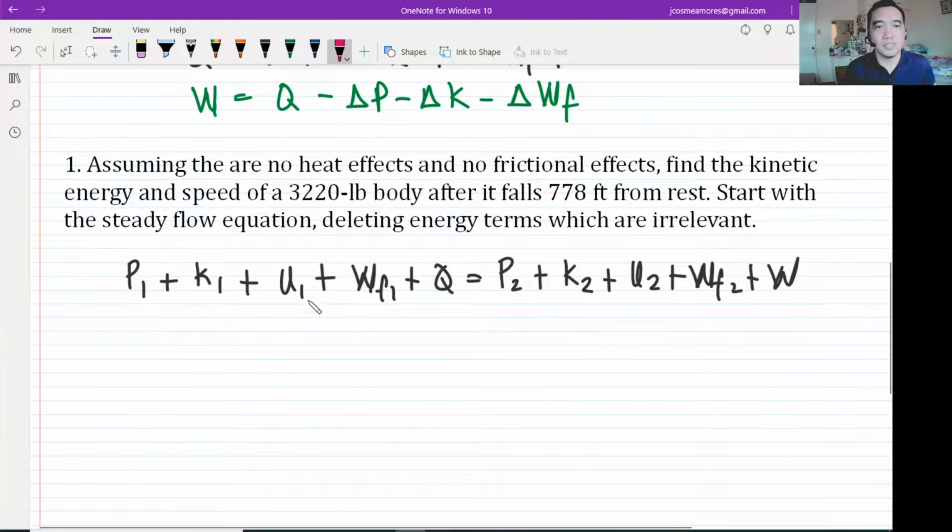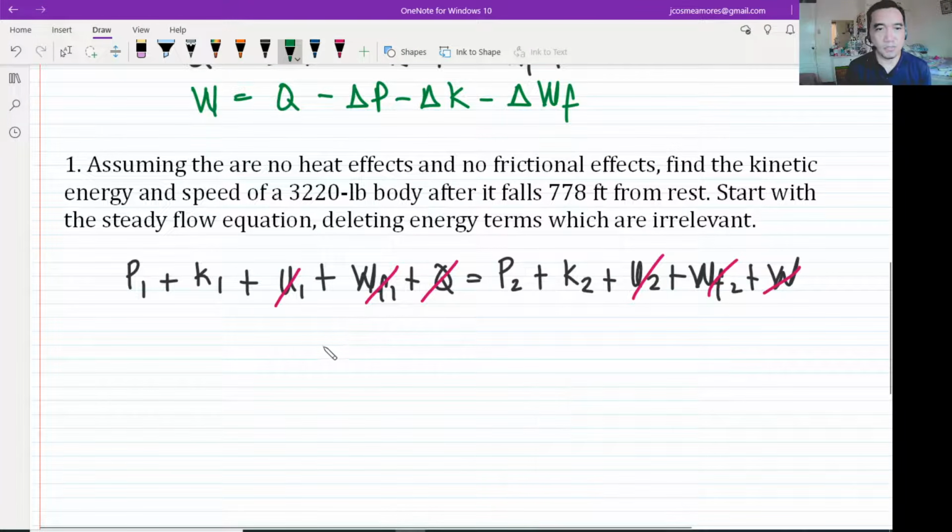For example, in this case, we don't have internal energy, we don't have flow work, and we also don't have heat. As stated, there are no heat effects, so we don't have work either. So we have P1 plus K1 equal to P2 plus K2.